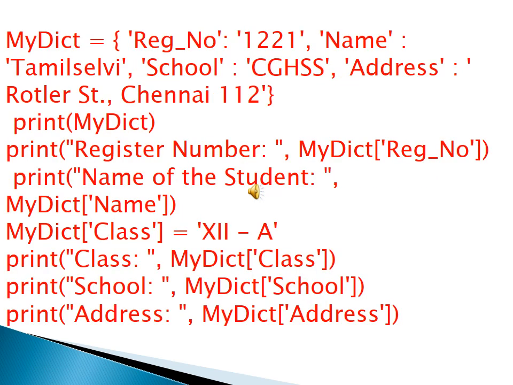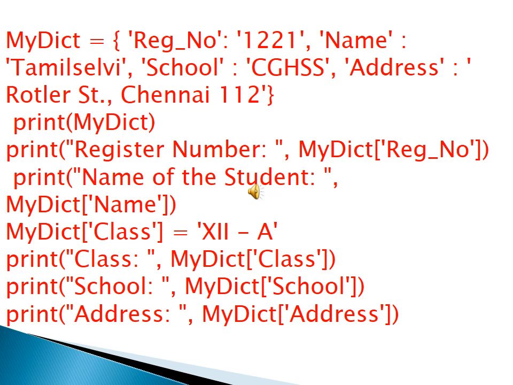Have you written? Program to add a new value in the dictionary. MyDic equal to register number 121, name Tamil Selvi, school, and address, which you can give anything. Next, print of my dictionary.